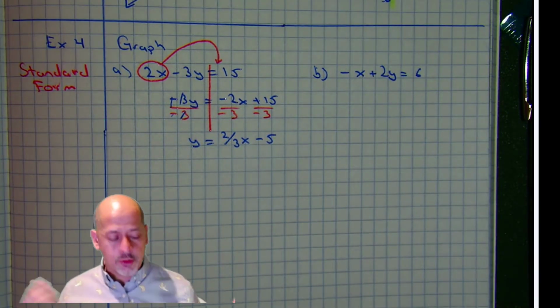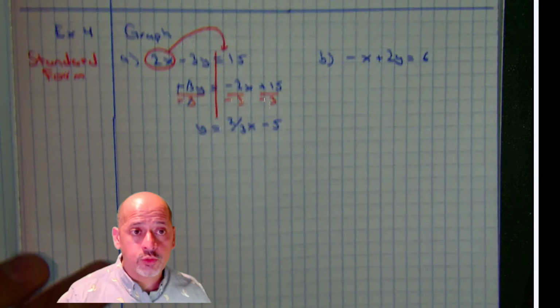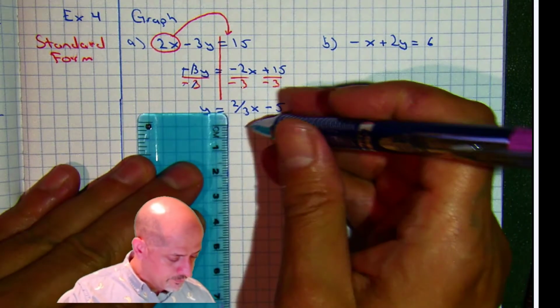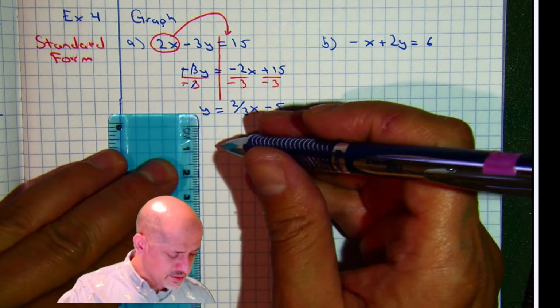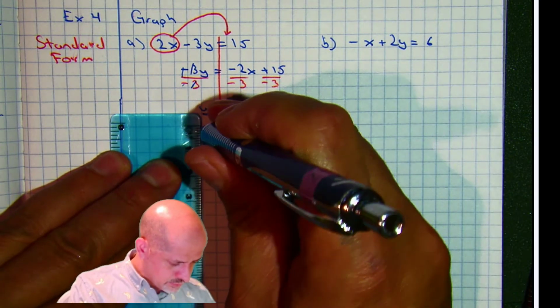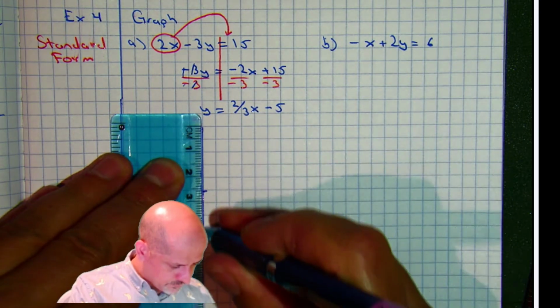Now it's going to be a very quick process, just like we've done before. We're going to do a 5 by 5 graph. So let me place it in the same spot. That looks great. 2, 4, 5, 2, 4, 5.